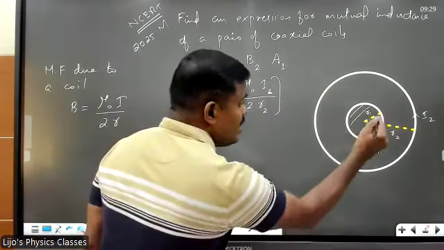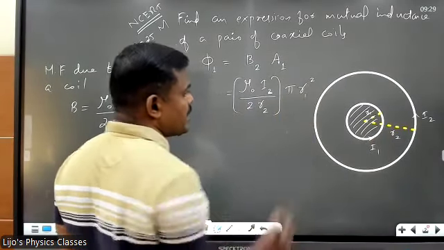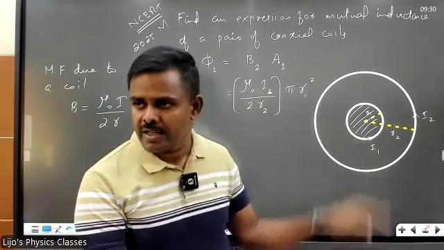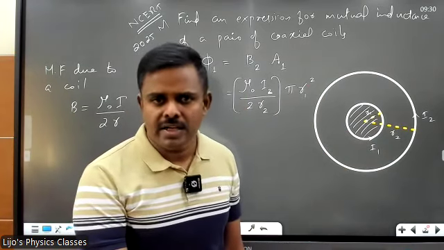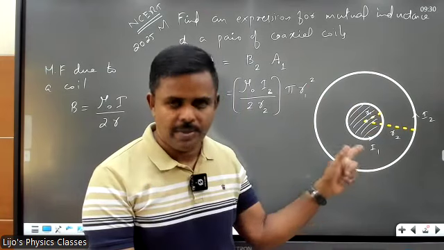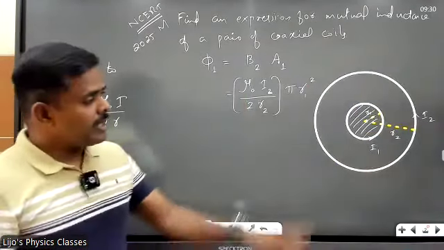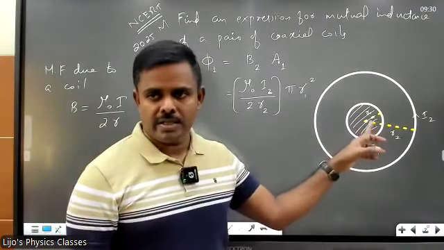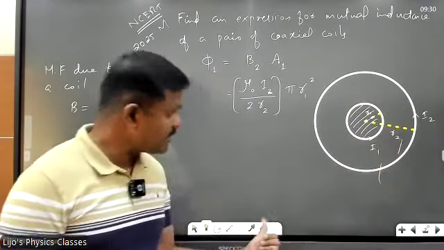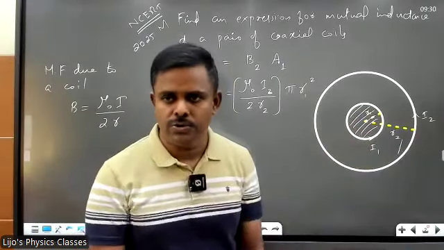Look at the shaded area. Area is pi r square, pi R1 square, because the radius of the smaller one is R1. The magnetic field is more or less constant here, because the small coil is so tiny in comparison with the bigger coil, so the field is more or less uniform.